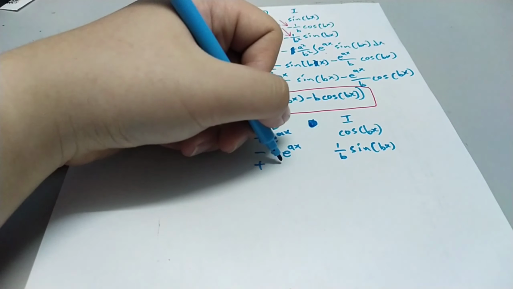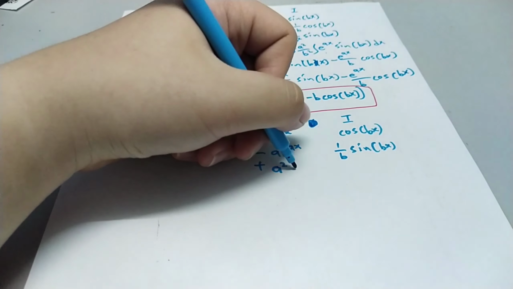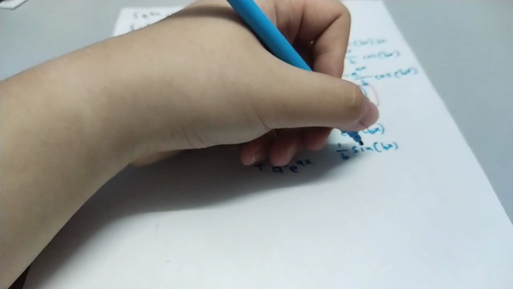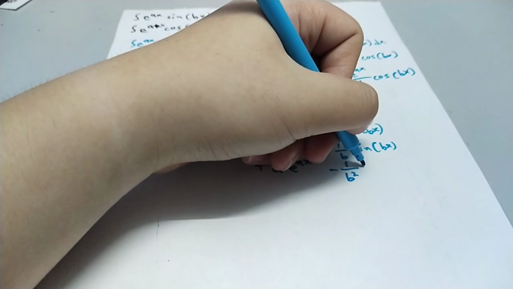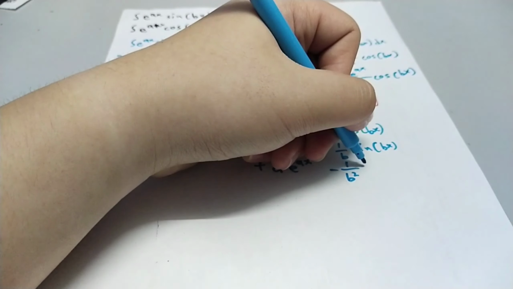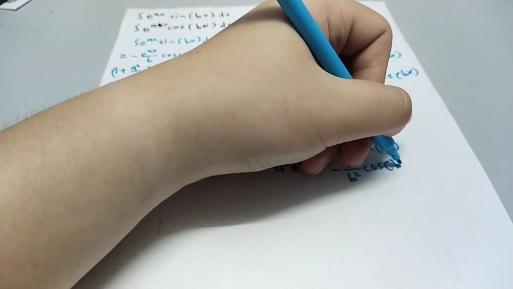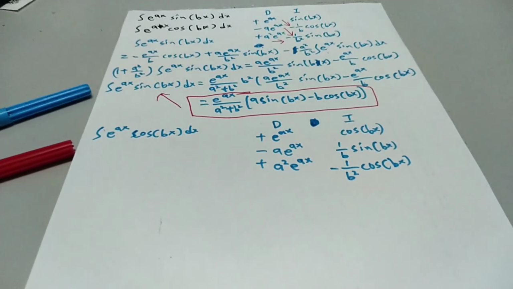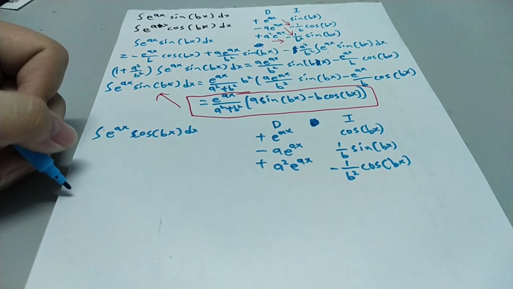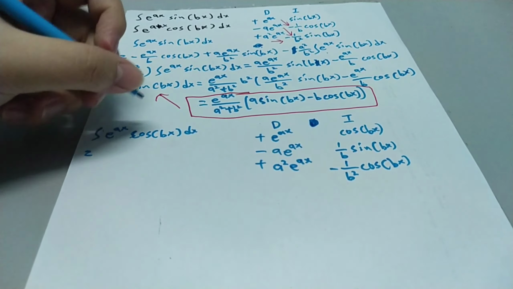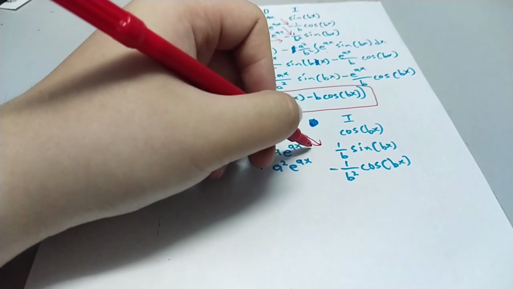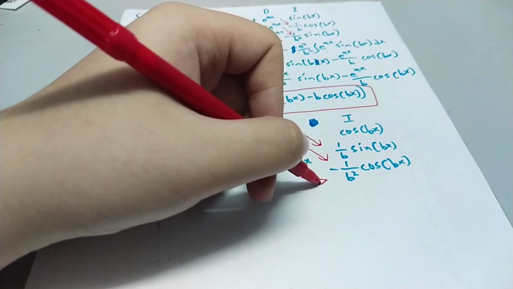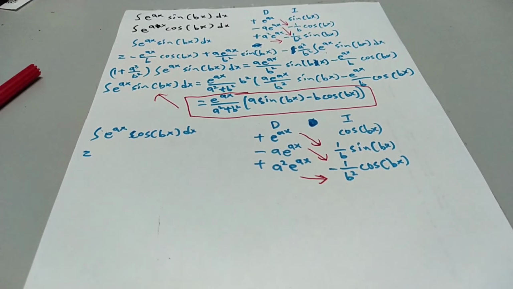And then once again, if you do another one here, I have a squared times e power of ax, and then negative 1 over b squared times cosine of bx. So this one is equal to, so we multiply right here, and then we multiply.